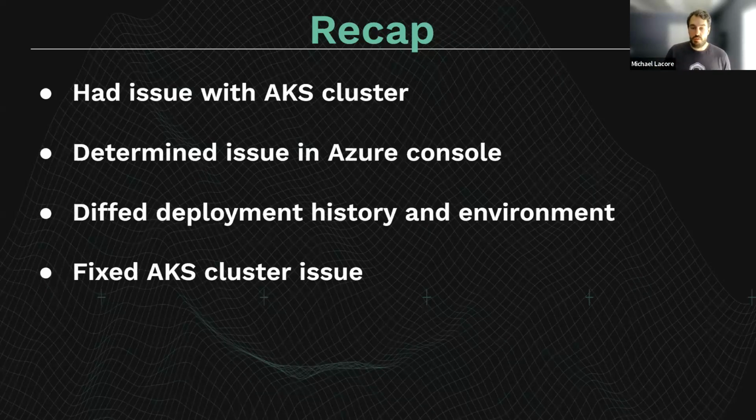We then used the Massdriver diff of our deployment history and environments to compare what our successful deployments looked like versus our failed deployments, and then also what our dev environment looked like that had the application up and running versus our production environment that did not. And then lastly, we deployed a fix to our AKS cluster application.